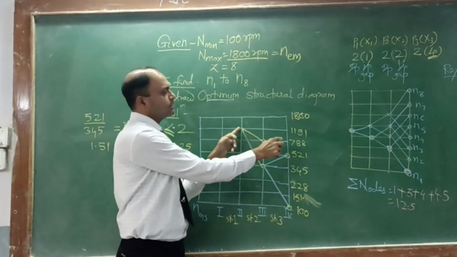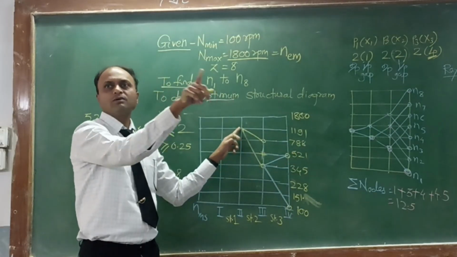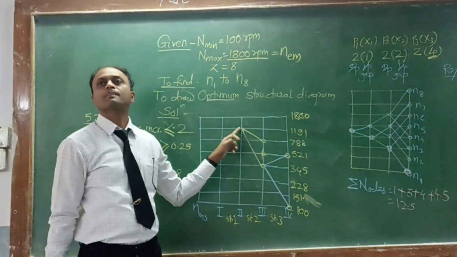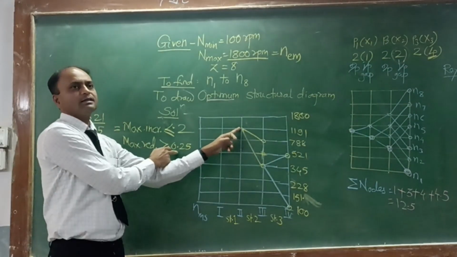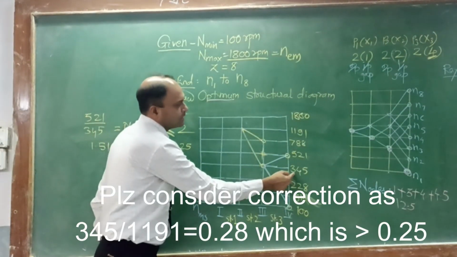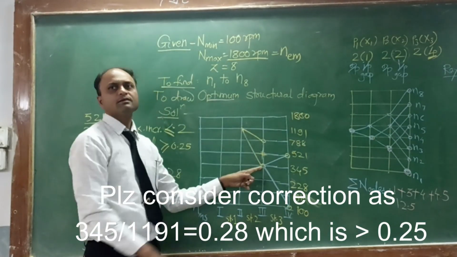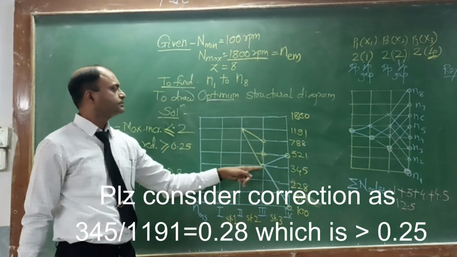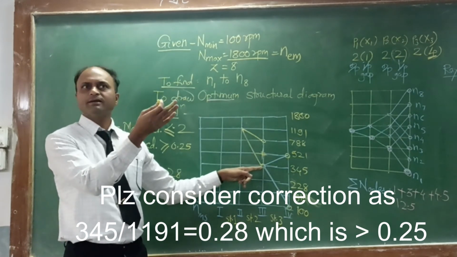So यहाँ पे reduction 1191 से 788 तक होगा, so 788 upon 1191, 0.66, that is acceptable, that is greater than 0.25. And just check this reduction, 345 upon 788, 0.43. So दोनों की रिडक्शन एक्सेप्टेबल है.